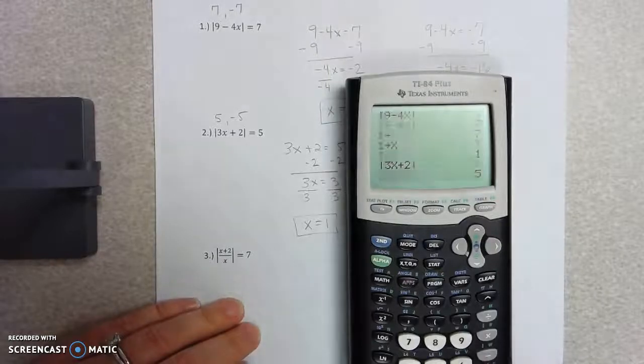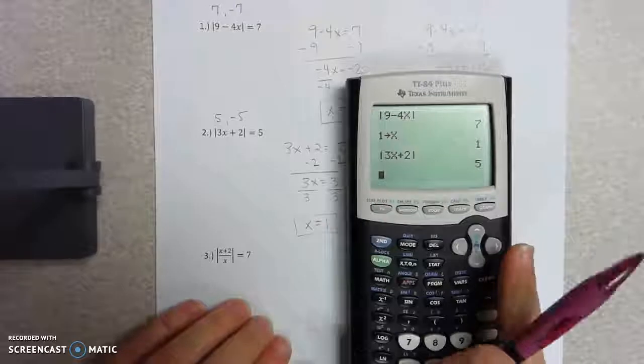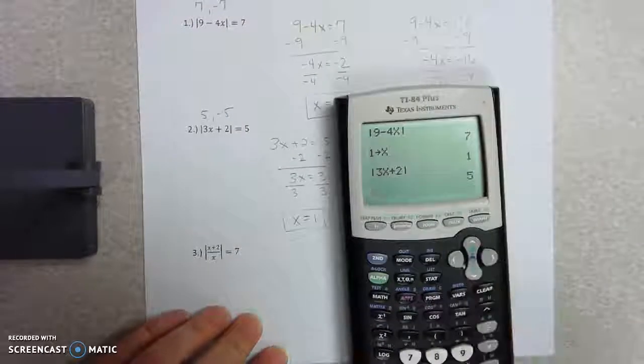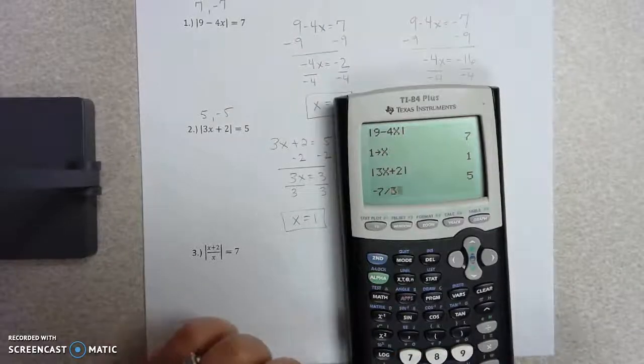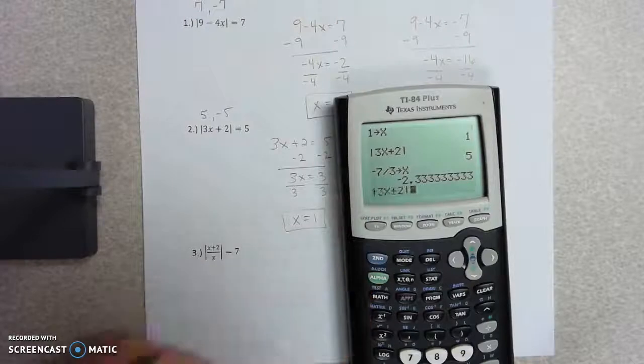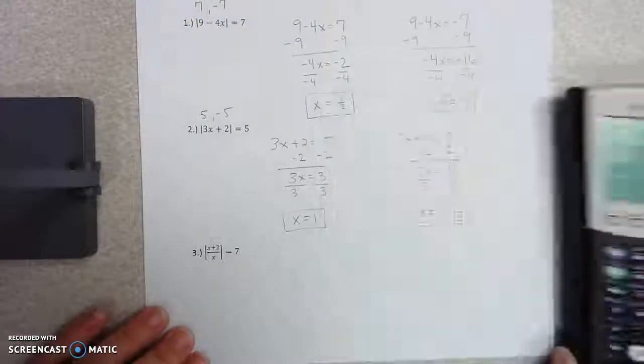We get 5, so that answer is good. Our other answer is negative 7/3. So I'm going to store negative 7/3 in x, recall my function, and I get 5.